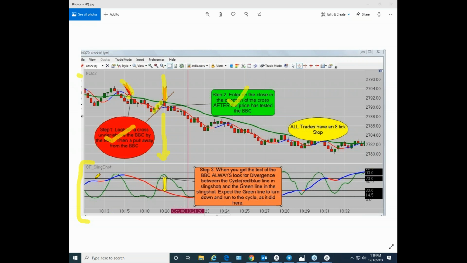So some buzzwords here. The red and blue line inside the cycle is referred to as the cycle. Okay, that's the red and blue line. What that line is telling you, the fact that it's red, it's telling you the momentum in the NASDAQ on a 4-tick range is bearish. Okay, it's red.